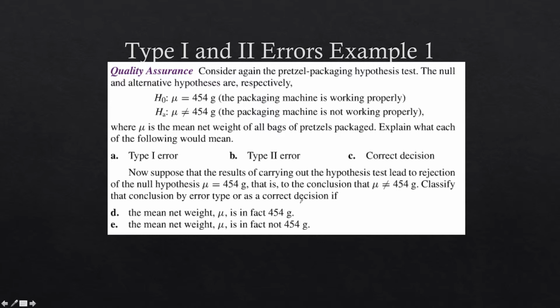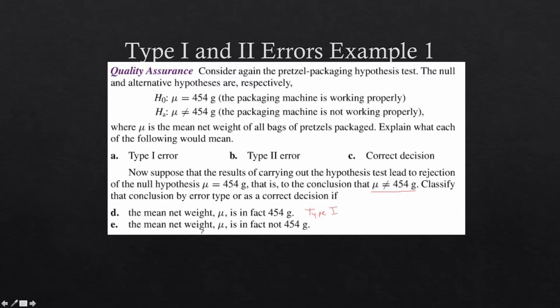So if we've done our sampling and we find out by our sampling that it's not 454, but the mean actually is, so if we reject it and it's actually true, that would be a type 1 error, because we've rejected a null that's actually true.